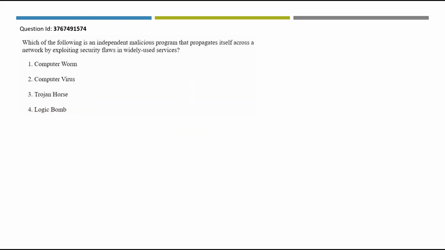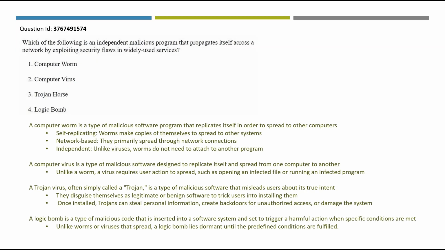Next question. Which of the following is an independent malicious program that propagates itself across a network by exploiting security flaws in widely used services? Let's see about all the options. A computer worm is a type of malicious software program that replicates itself in order to spread to other computers.